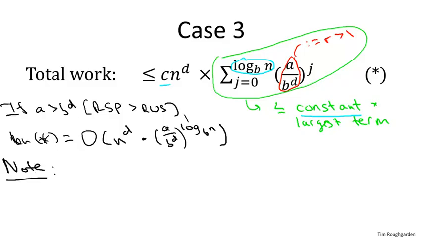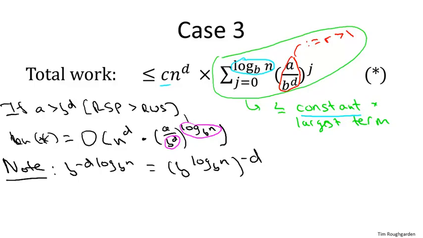So what I want to do next is I want to focus just on this 1 over b to the d raised to the log base b of n term. So we can write that as b to the minus d log base b of n, which if I factor this exponent into two successive parts, I can write as b raised to the log base b of n power, and only then raised to the minus d.